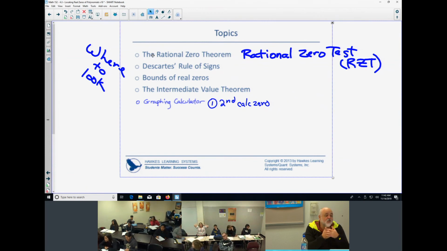Those all tell us where to look, to make sure that we have the window set. Then with the graphing calculator, we're going to use second calc 0. Once we know we have everything in front of us in the calculator, we can use second calc 0 to find the tricky ones.